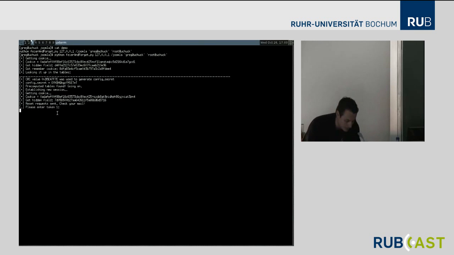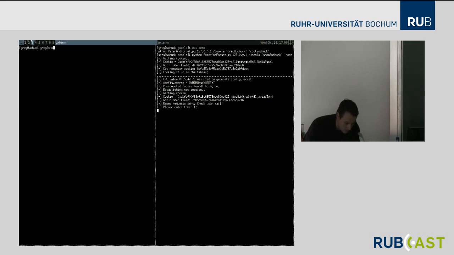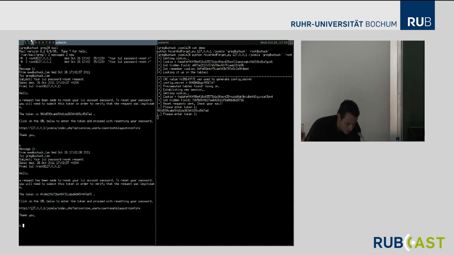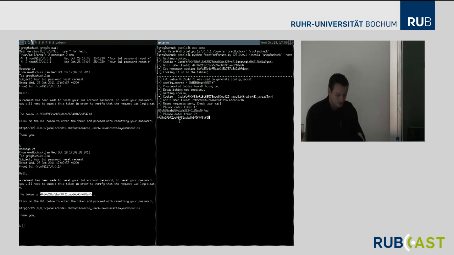And I'm going to check my mail now. Okay, I've got 2 mails. Now it prompts me to enter the cookie. So I enter the token even. So now I enter the first one. And this is the second one. Okay.